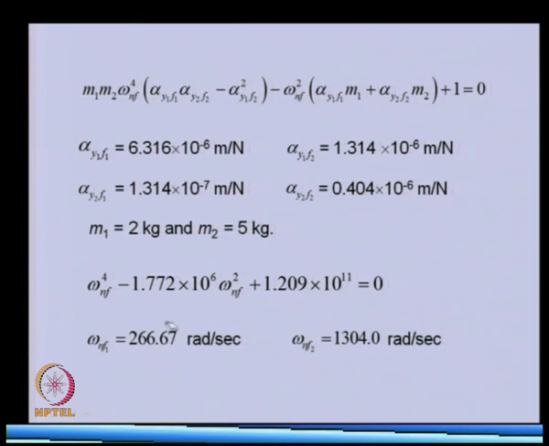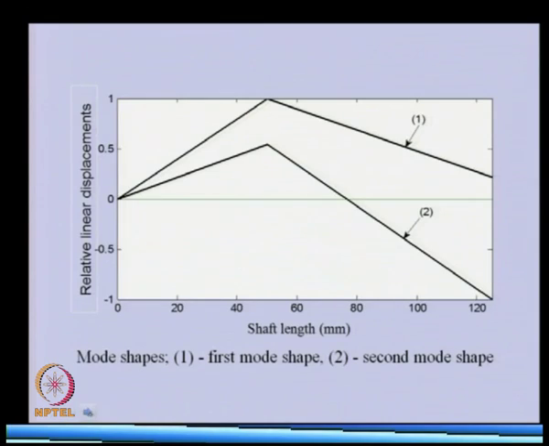Now, you can see there was a 2 rotor system, and only linear displacement we considered. So, we got 2 natural frequencies here. If we had considered the tilting motion also, then we would expect 4 natural frequencies from this system. This is the relative displacement for the first mode and second mode.